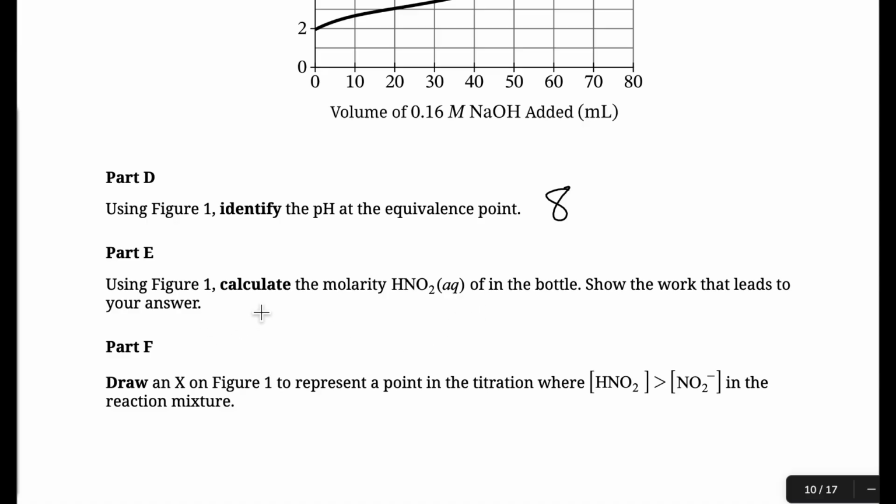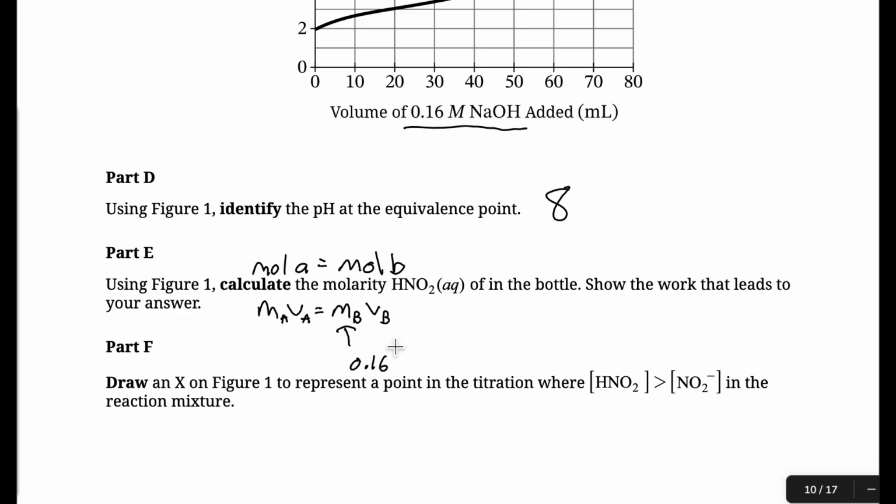For this one, we're going to need the equation M1V1 equals M2V2, or in other words, MAVA equals MBVB, where this is the molarity of the acid times the volume of the acid equals molarity of the base times volume of the base. This literally just means moles of acid equals moles of base, which we know is true at equivalence point. Luckily for us, we have the molarity of our base, which is 0.16.